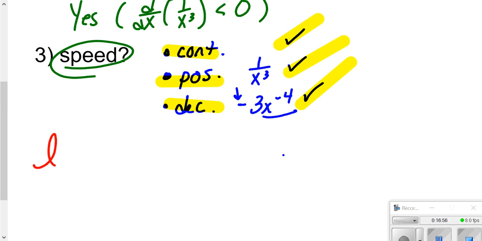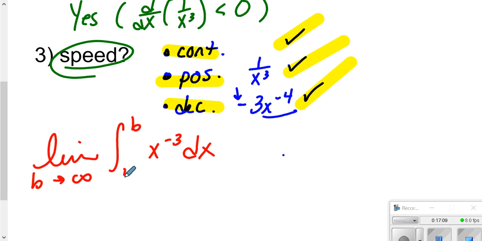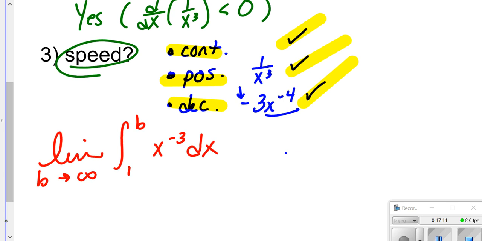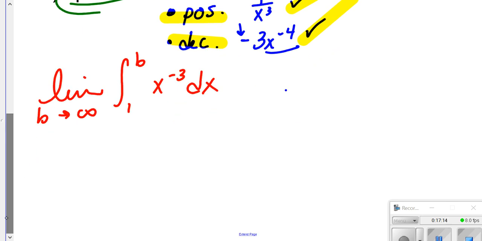All right, so then we write out our improper integral. It's 1 over x to the third, so I'm going to write it like so to make it more calculus friendly. This time I will use a b, what the heck. Okay, and starting from 1 works just fine with this. So we're going to go ahead and do our antiderivative.